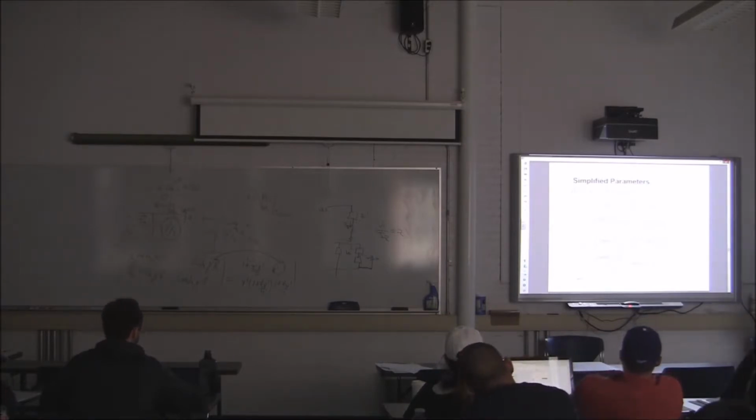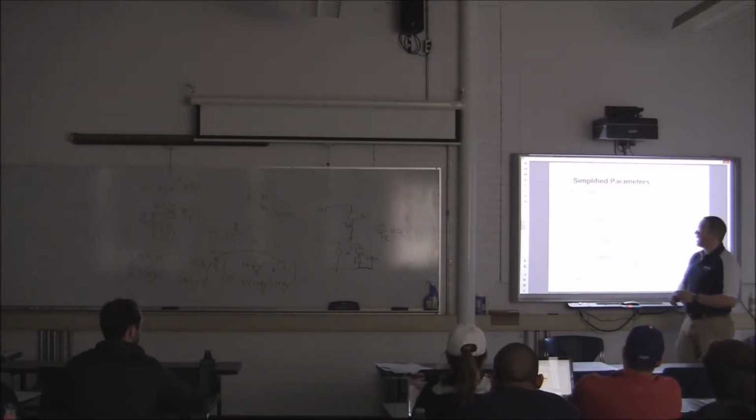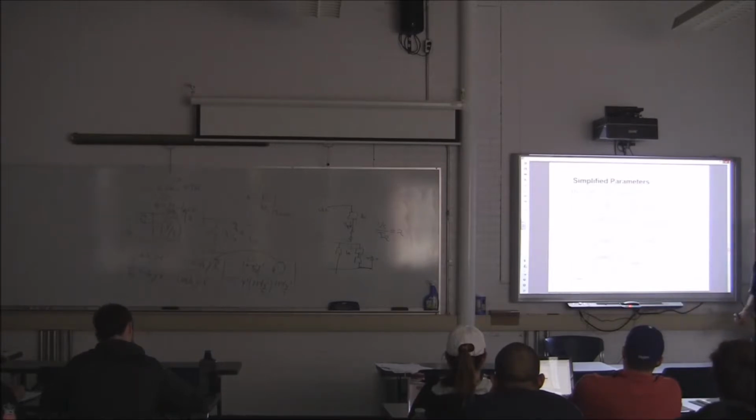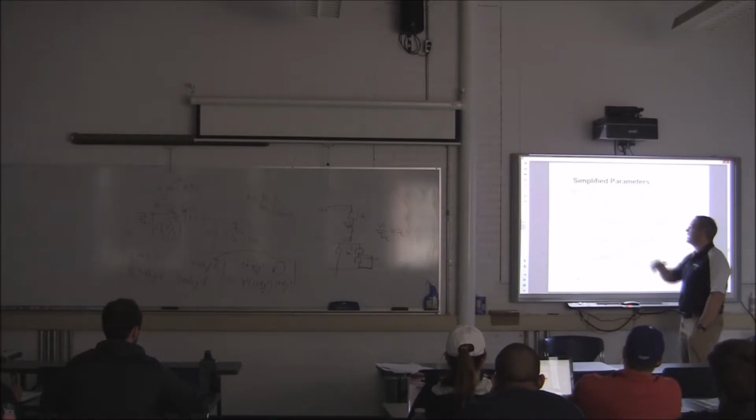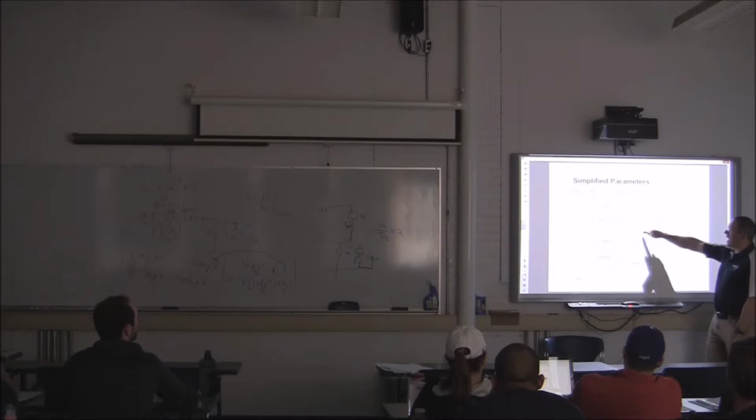So just a little more simplification. We can do a tiny bit of substituting, and then we say that Z prime is equal to our original value of Z times hyperbolic sine gamma L divided by gamma L. That's a little bit easier, and we'll see why it's easier in a second. And we're going to just define Z as the entire impedance of that line.